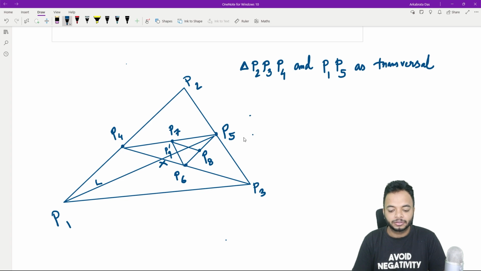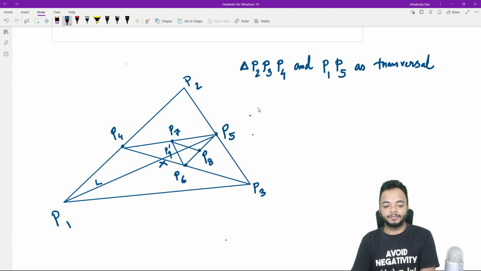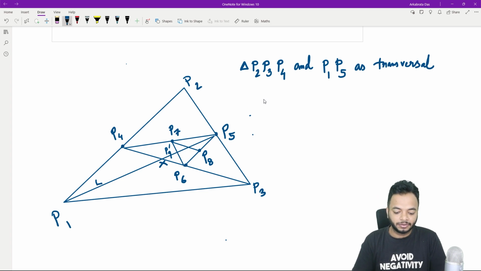So then what are we getting? We are getting the ratio to be, just start from any point. Suppose we are starting from P4.